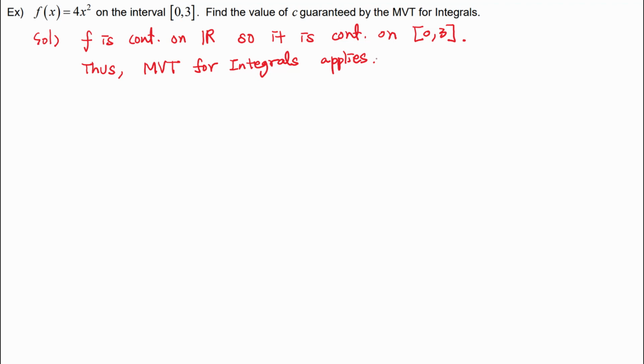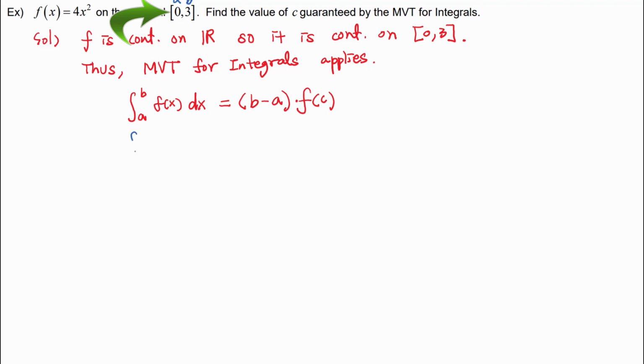What the mean value theorem says was the integral over the closed interval a to b of f of x dx is equal to the length of the rectangle, b minus a, times the height, f of c, for some c inside of the interval a to b. And here a to b is 0 to 3.